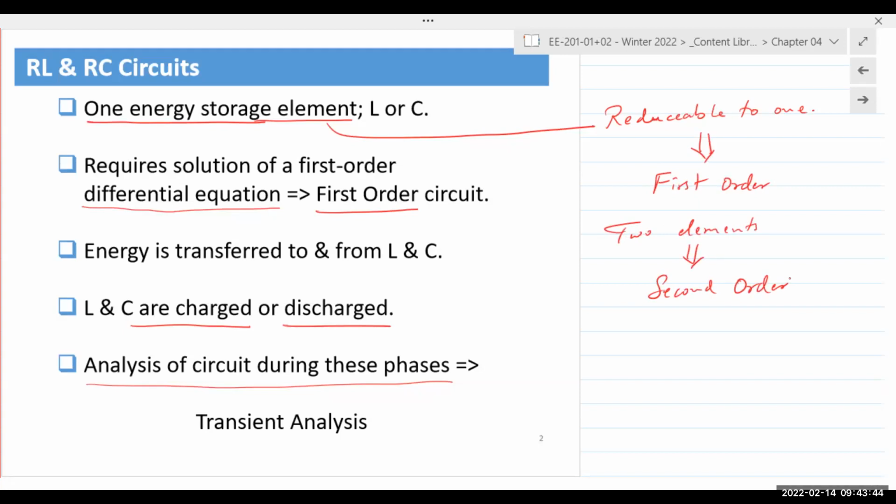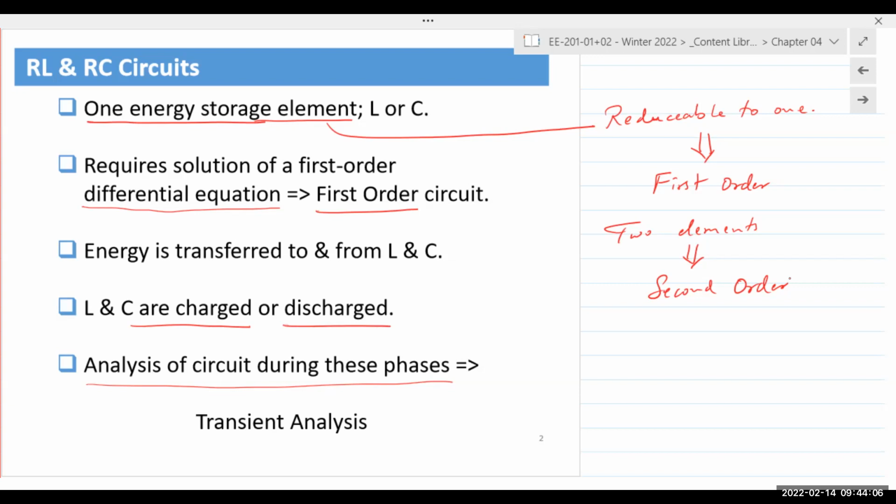All right. Now, typically the circuits are referred to as RL or RC. There's always a resistor in the circuit. So if you have an inductor and a resistor, we call it an RL circuit. If there is a capacitor and a resistor, we say it's an RC circuit.